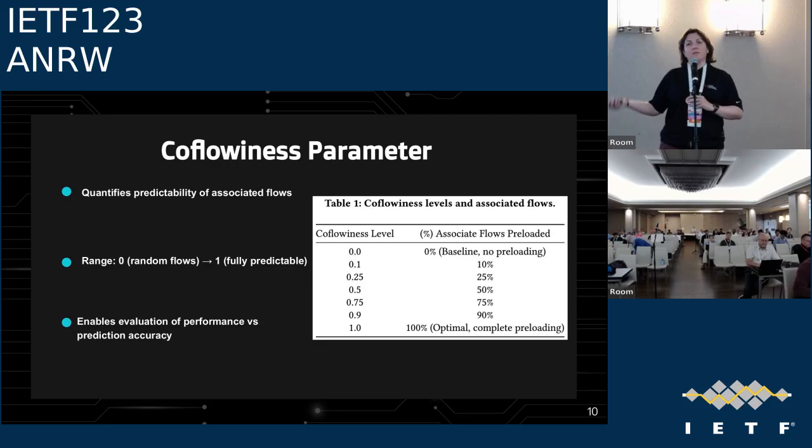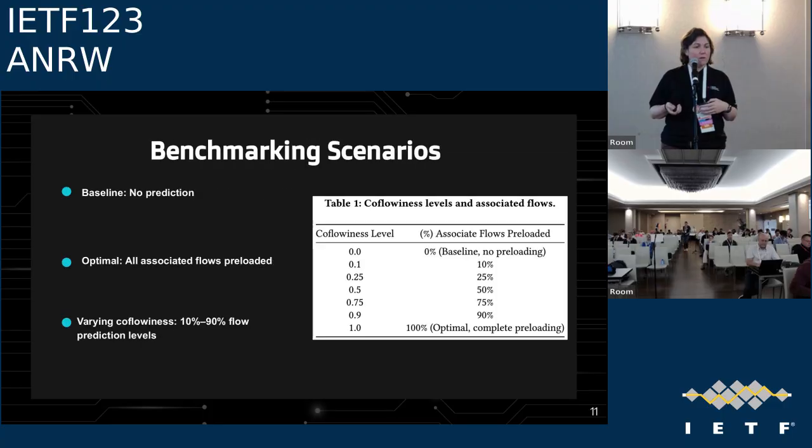And we loaded different rates of the traffic into the cache and tried to test. So we had a perfect situation here with 1 where we know everything. Another extreme is the baseline, we don't know anything, no preloading, and some values in between to test basically how far we get.